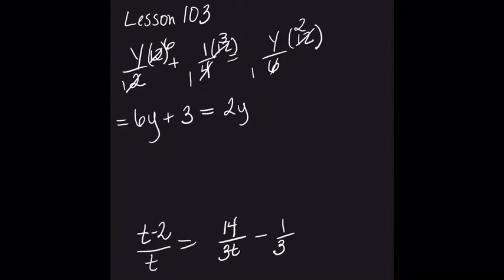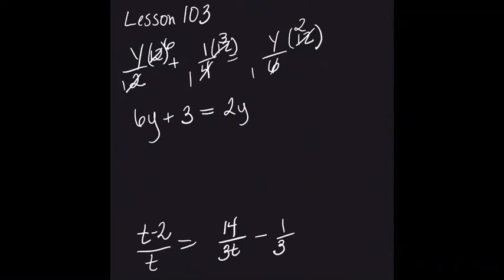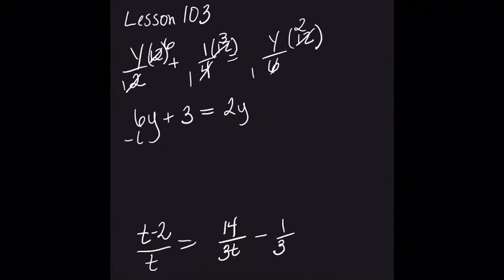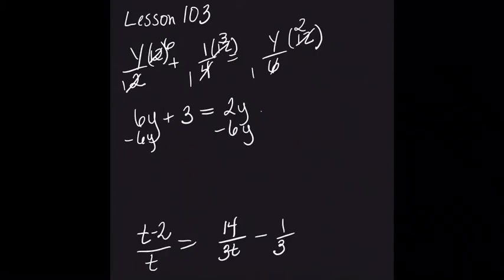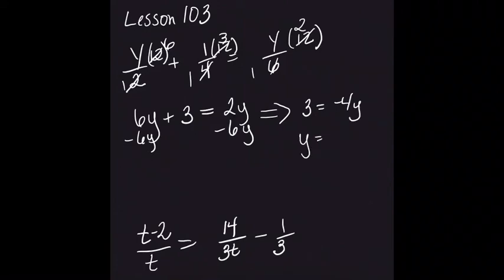I'm going to get rid of that. Okay, now that we have this equation, we can just solve for y. I'm just going to bring my 6y over, minus 6y, minus 6y, and I'm going to go to the right because I don't have room down below. 3 equals negative 4y. So y equals 3 over 4, but it's negative.